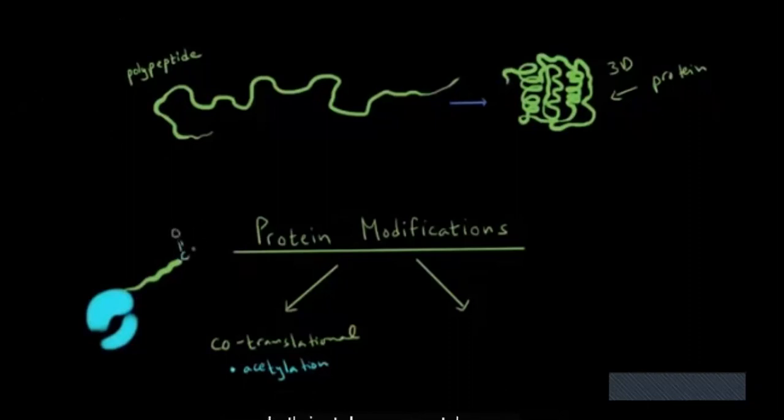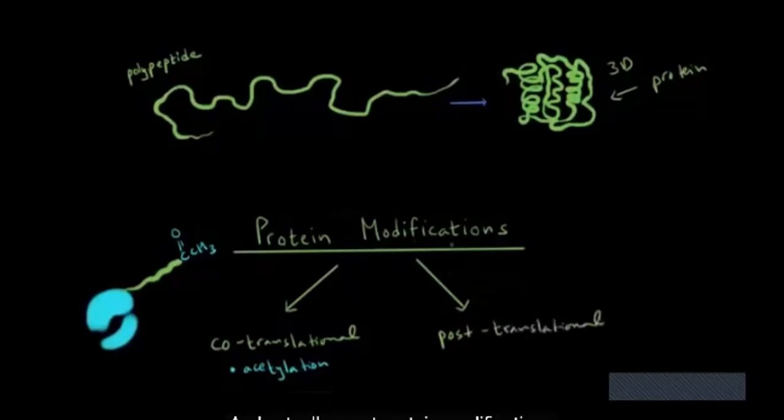So let's just draw an acetyl group. Acetylation happens to 80 to 90% of eukaryotic proteins. But the significance of this modification is not known very well. We're actually trying to figure out what the purpose of this modification is. The other type of protein modification is post-translational modification.